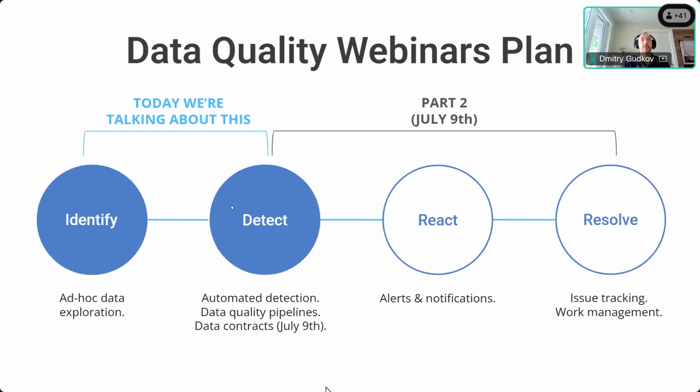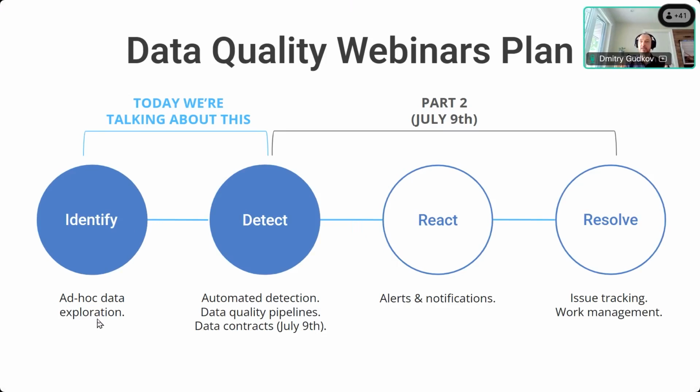So we talked about identifying data quality problems. Now let's talk about automated detection. While EasyMorph offers good tools for exploring data, analyzing it for possible issues, exploring relationships in data, you won't do it manually every time. That would be too tedious.